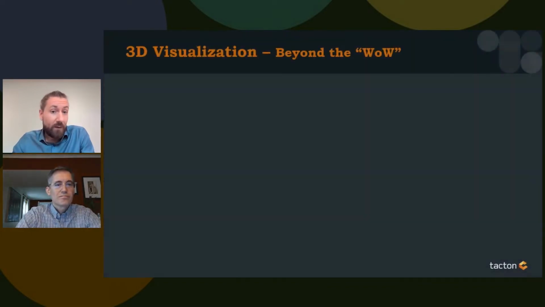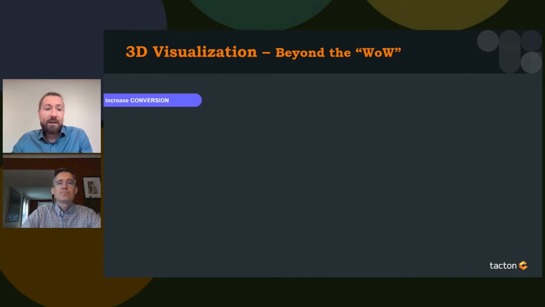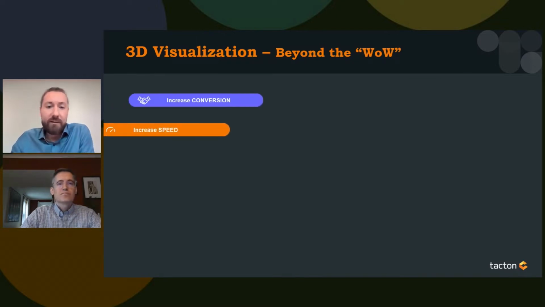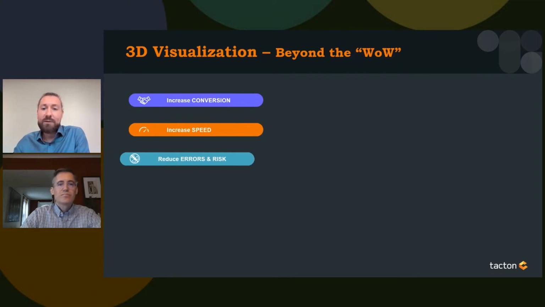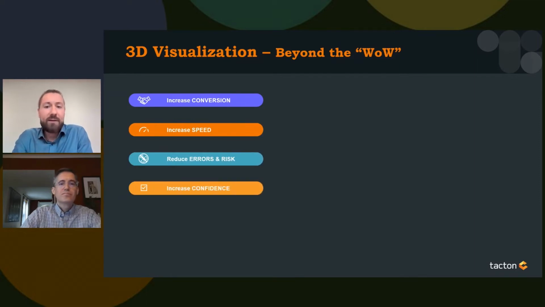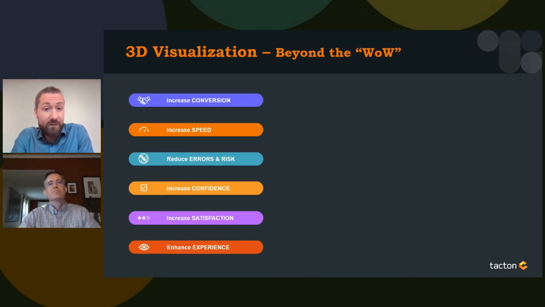When implementing a CPQ solution, there are common benefits and outcomes that everyone is looking for. For example, increase your conversion rate, increase the speed of the process, reduce errors and risks, increase the confidence in what's happening, increase the satisfaction with the sales process, and last but not least, enhance the overall experience of the sales process.